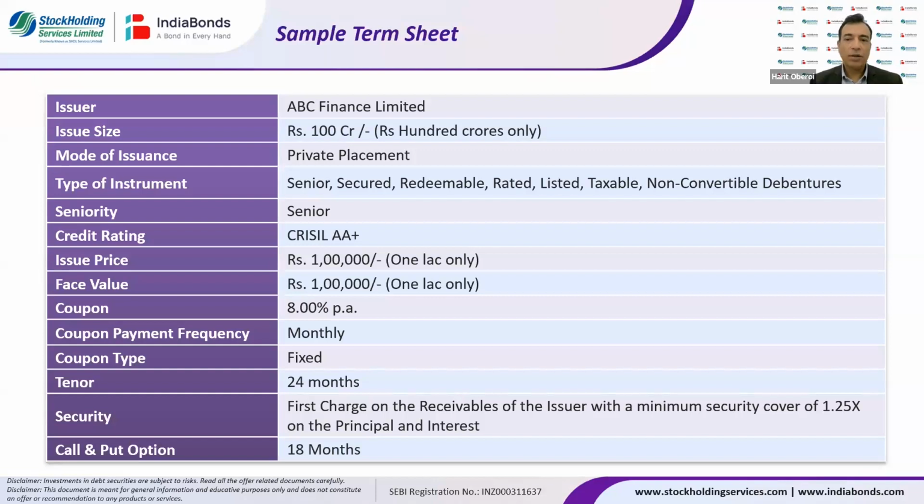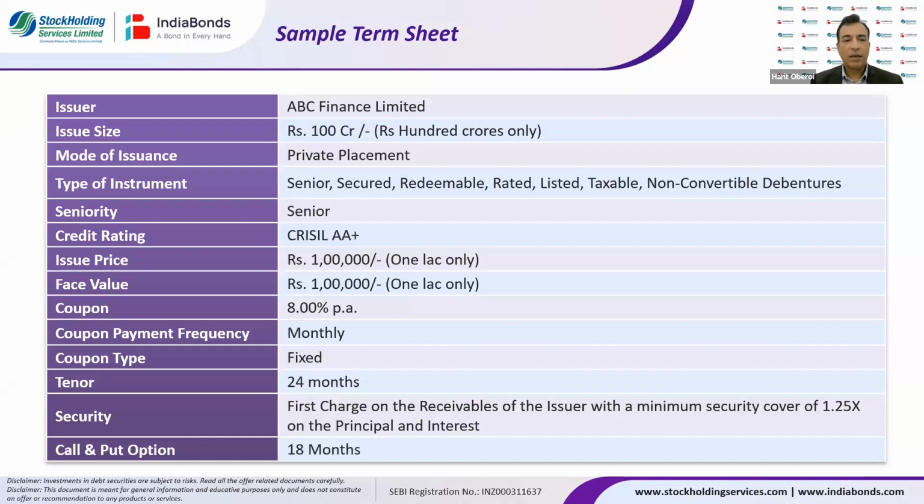Listed means they're listed on the stock exchanges. Taxable, interest rate is taxable, and non-convertible debenture. So senior, secured, redeemable, rated, listed, taxable, non-convertible debenture. This is known as the type of the instrument. Seniority, obviously senior bond or a subdebt bond, it gives you the seniority structure of a bond.